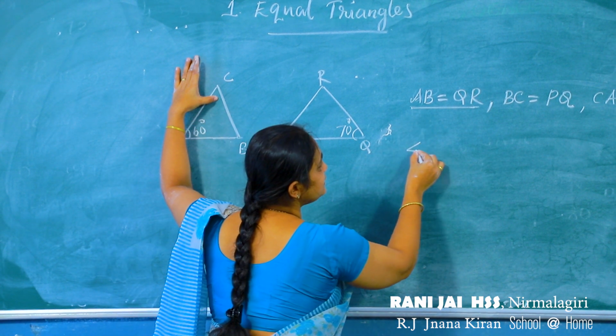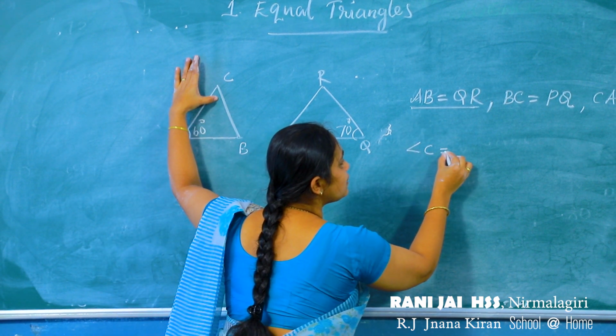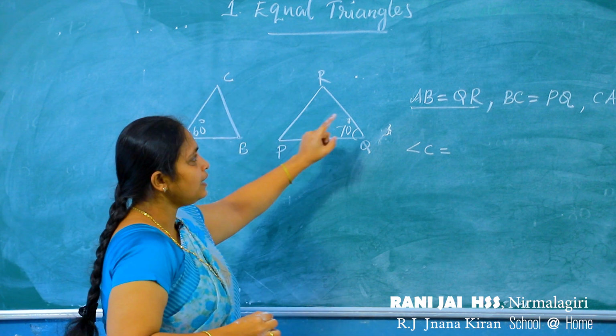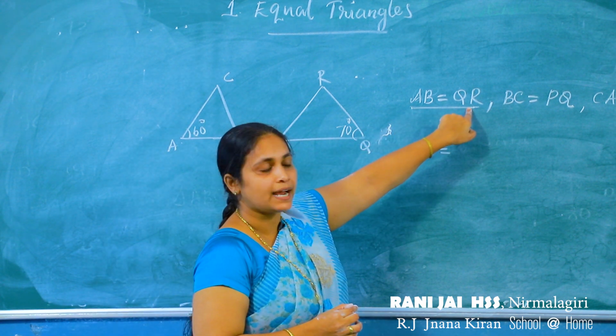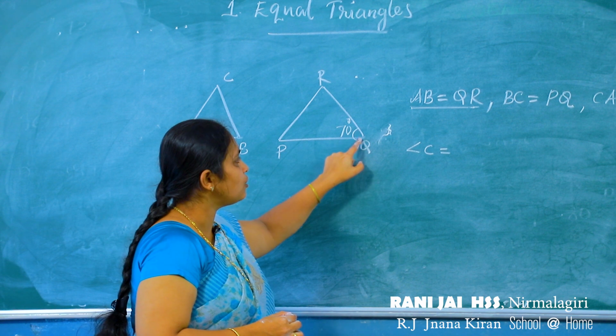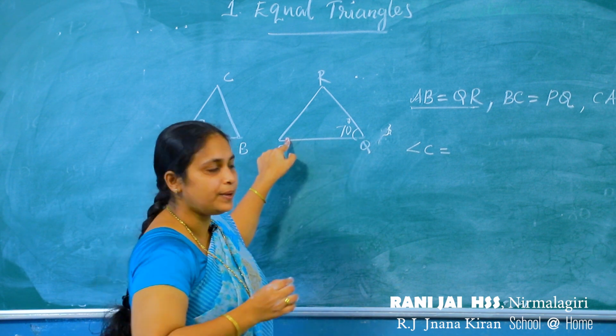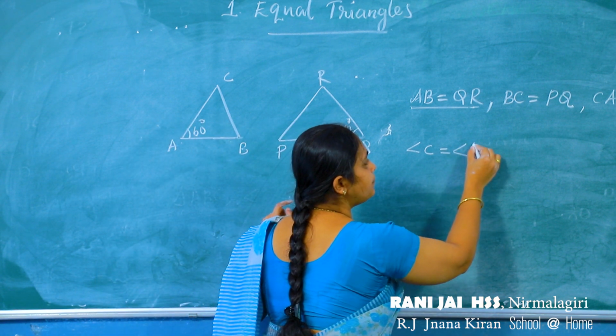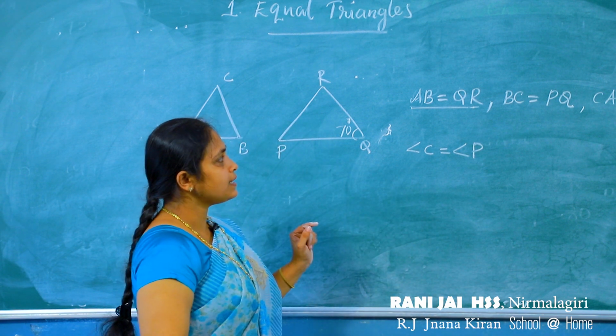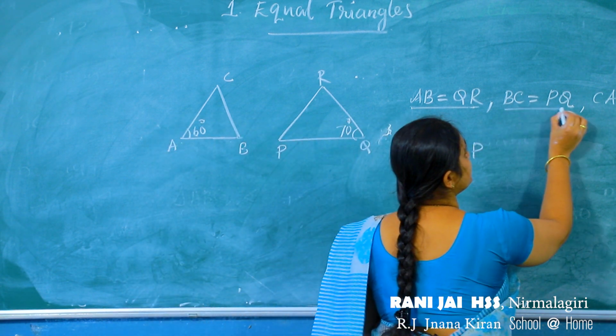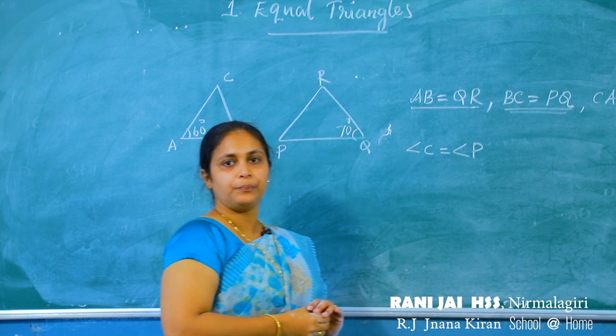Therefore, we can write angle C equal to the opposite angle of QR. Opposite angle of QR is angle P. Now consider the second sides, BC and PQ.